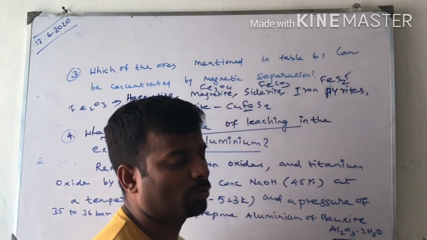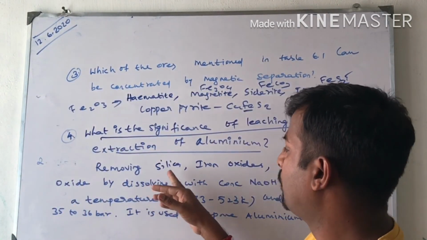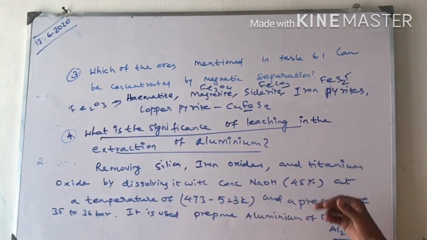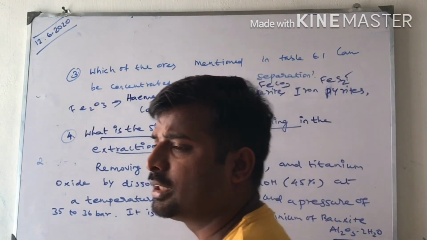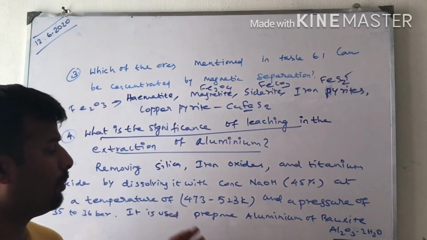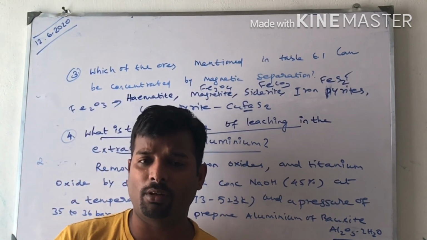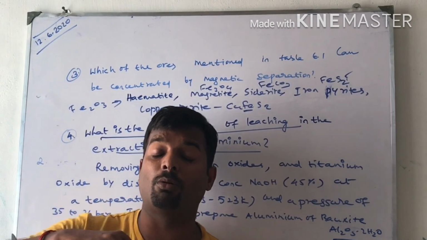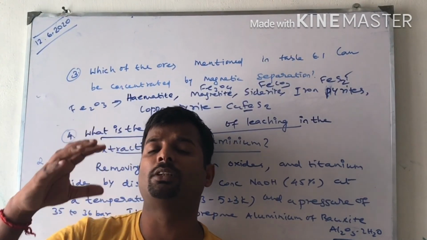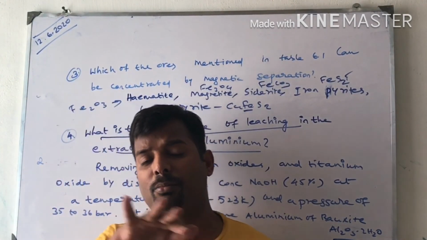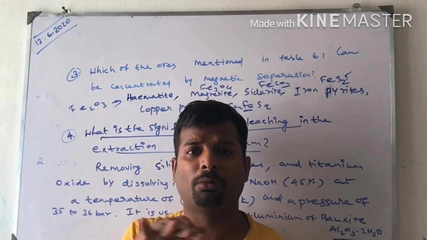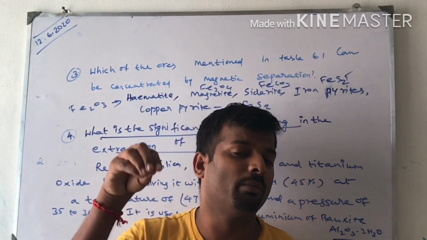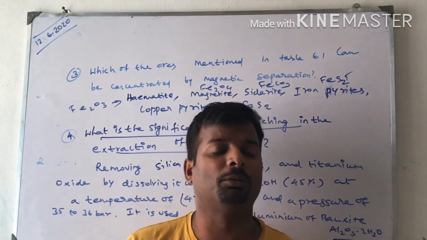The two more points: removing impurities like silica, iron oxide, titanium oxide by dissolving the ore with concentrated sodium hydroxide. Whenever you mix with concentrated sodium hydroxide, what happens? The ore becomes more soluble, so it mixes with sodium hydroxide and floats. It's skimmed off, and the impurities sink at the bottom.